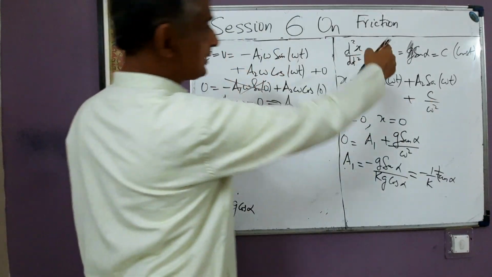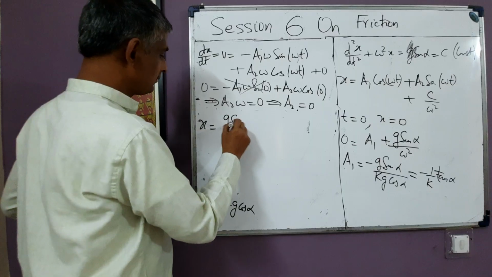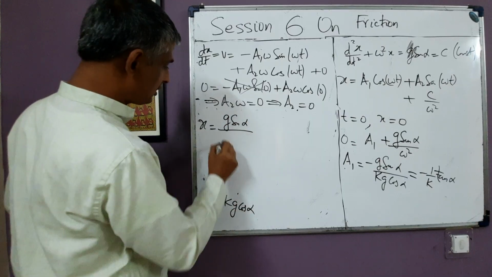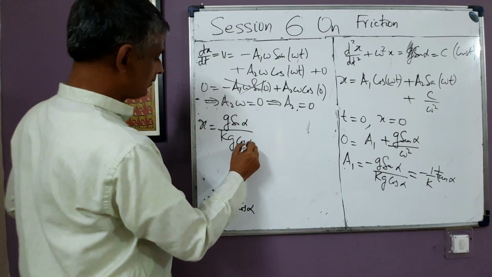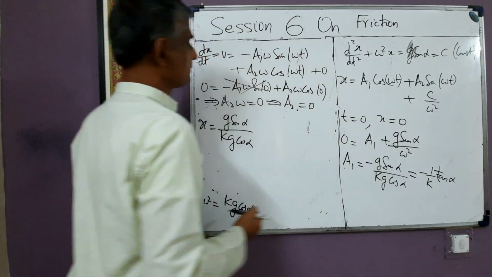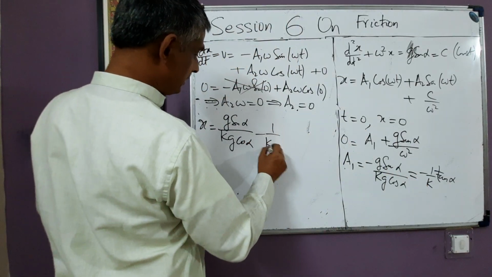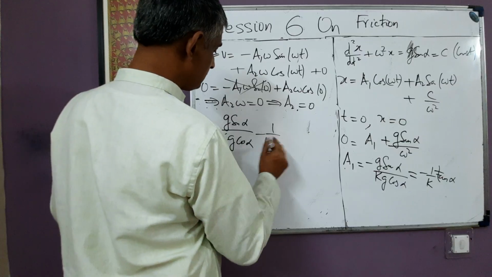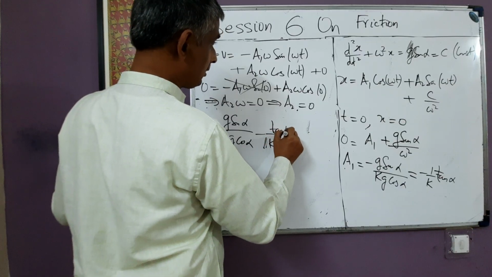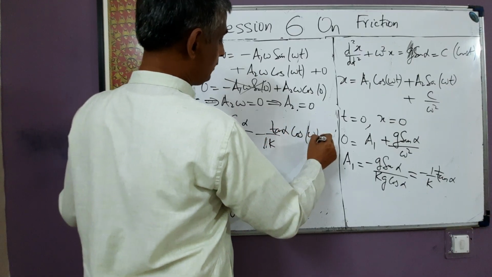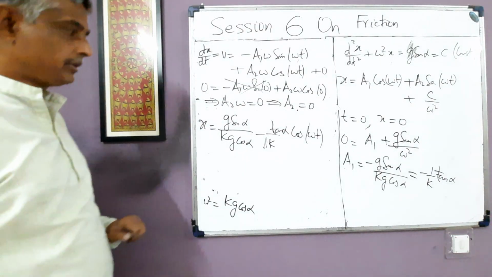C is g sin alpha, omega square is kg cos alpha. A2 is 0, this term goes away. A1 is minus 1 by k tan alpha, into cos of omega t. I hope it is fine.